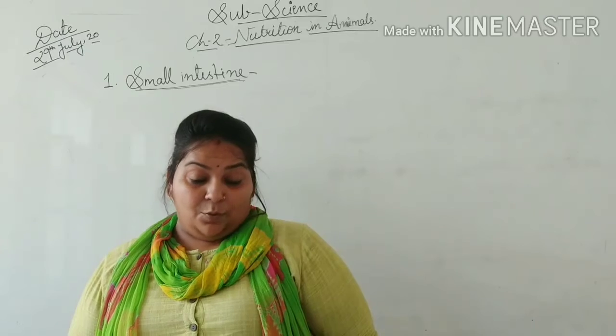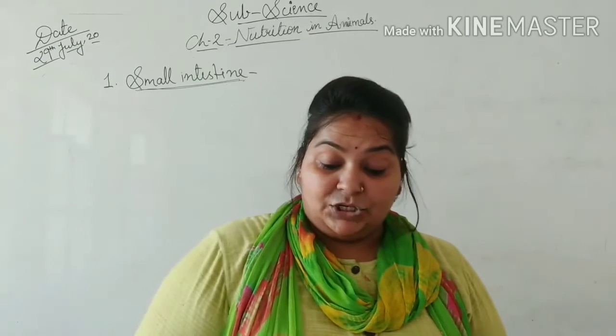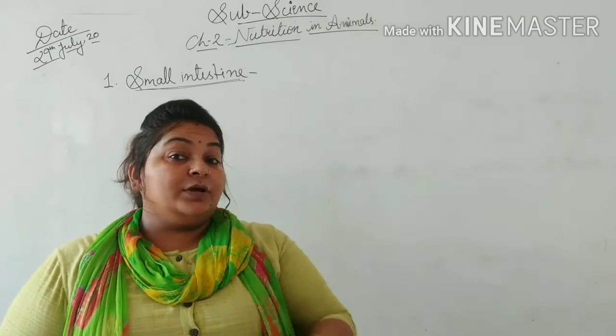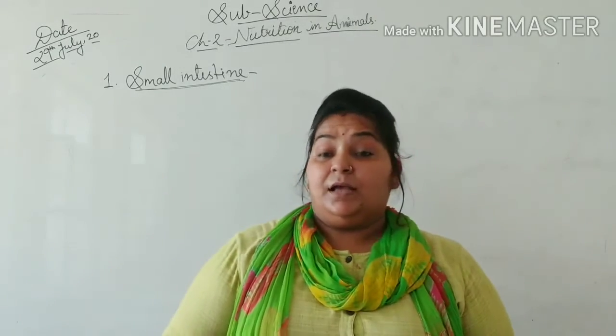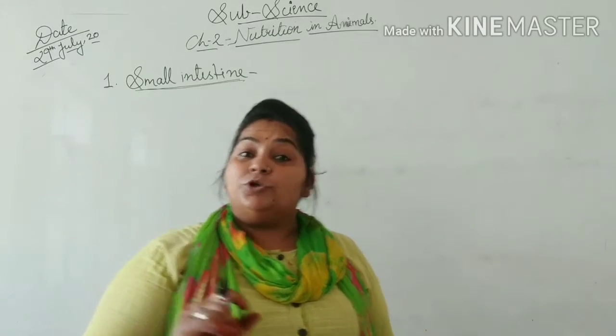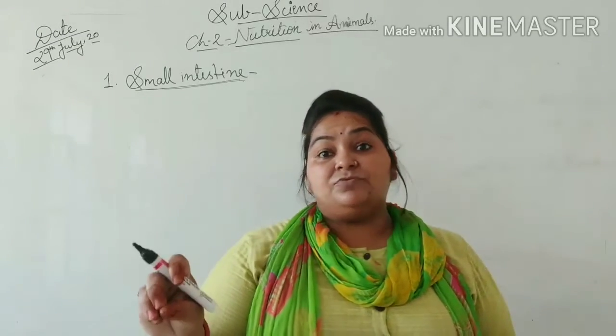Now let's start with number 1. The partly digested food in the small intestine is called chyme. Just now we learned that the small intestine is the main portion for the absorption of food.